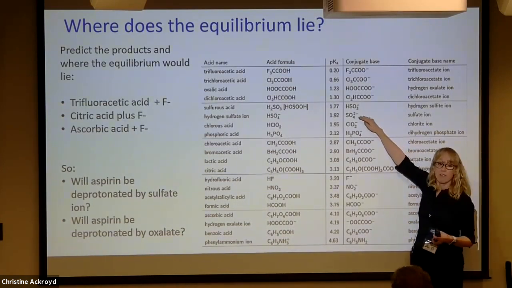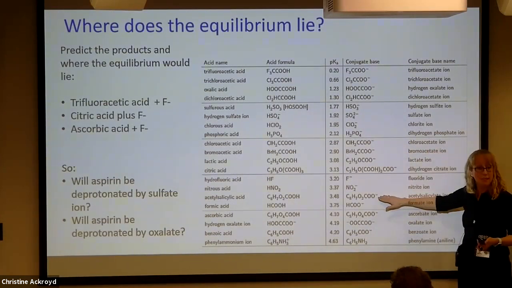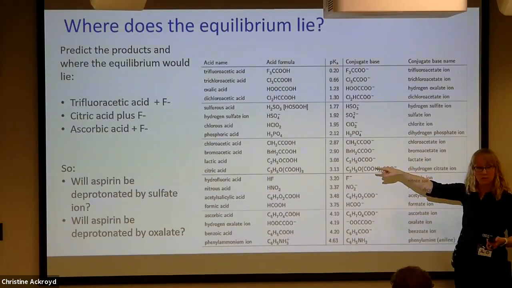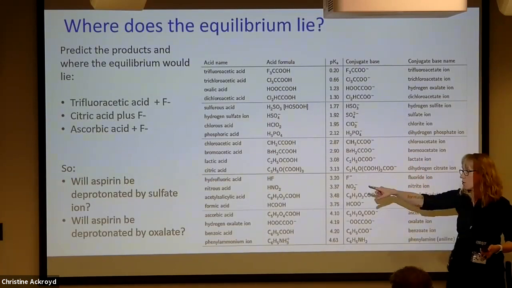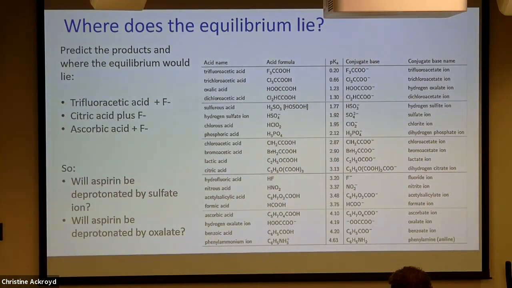What's stronger, the sulfate, which is the base, or the acetyl salicylate, which is the conjugate base? No, the conjugate base is stronger. So which way will the equilibrium lie? On the side of starting materials. So what does that say about whether aspirin can be deprotonated by sulfate ion? A lot of connections, right? Once you learn how to make them, it's not actually that hard. We'll call that acetyl salicylic acid. What's the pKa value?